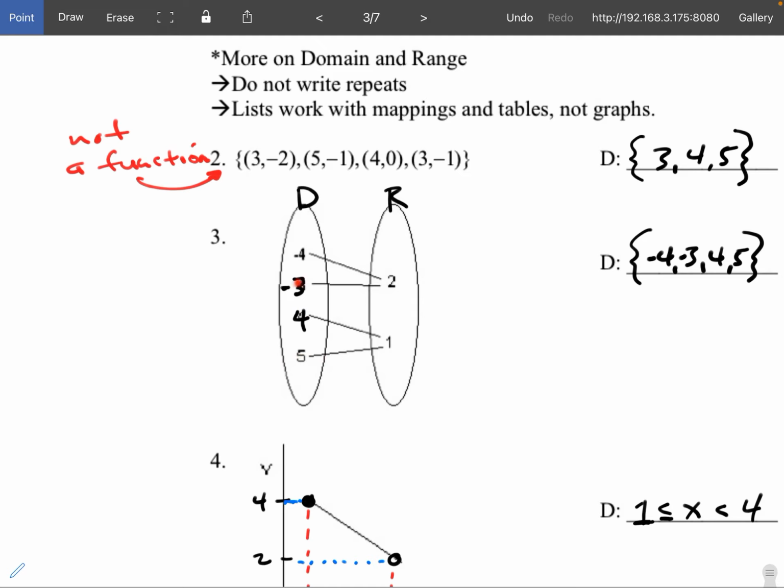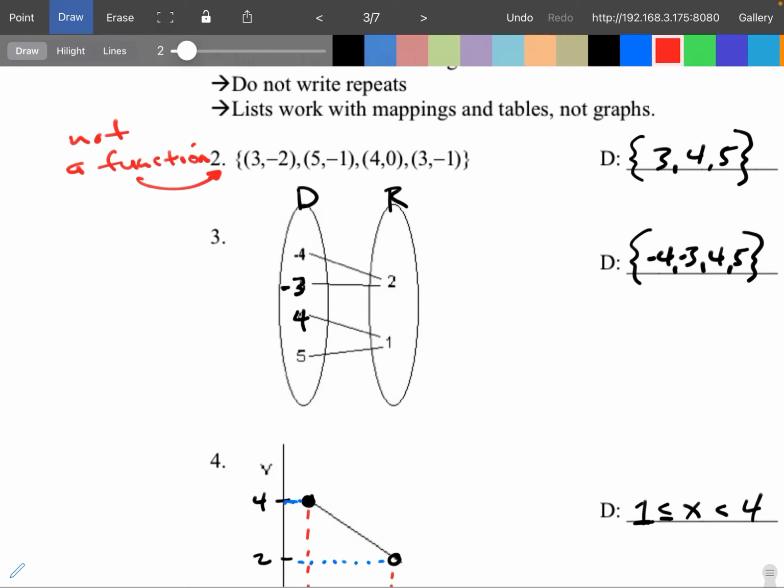What about number 3? Do you have an x value that goes to more than one y value? No. You can have 2 x values that go to the same y value. So you can have 2 x values mapping to the same y value, that's fine. Do you see a repeated x value here?